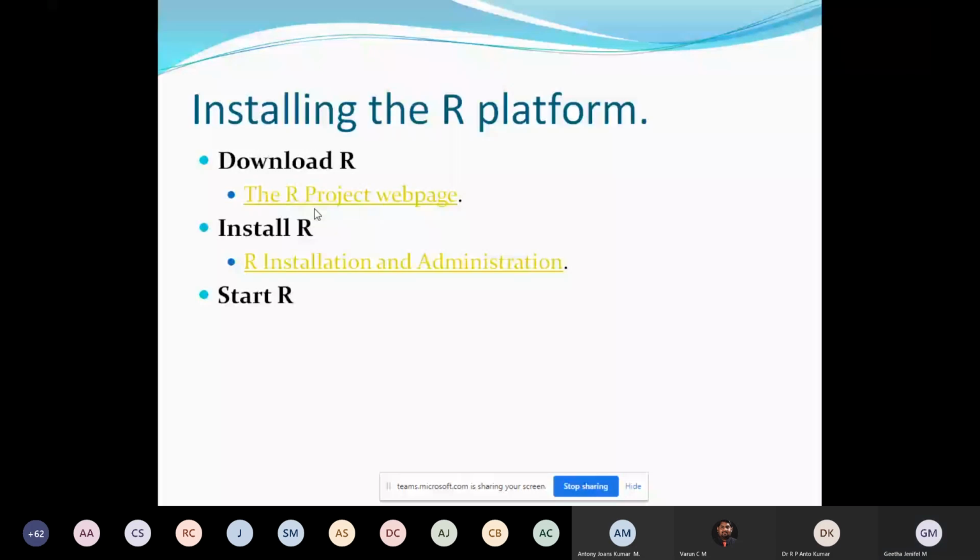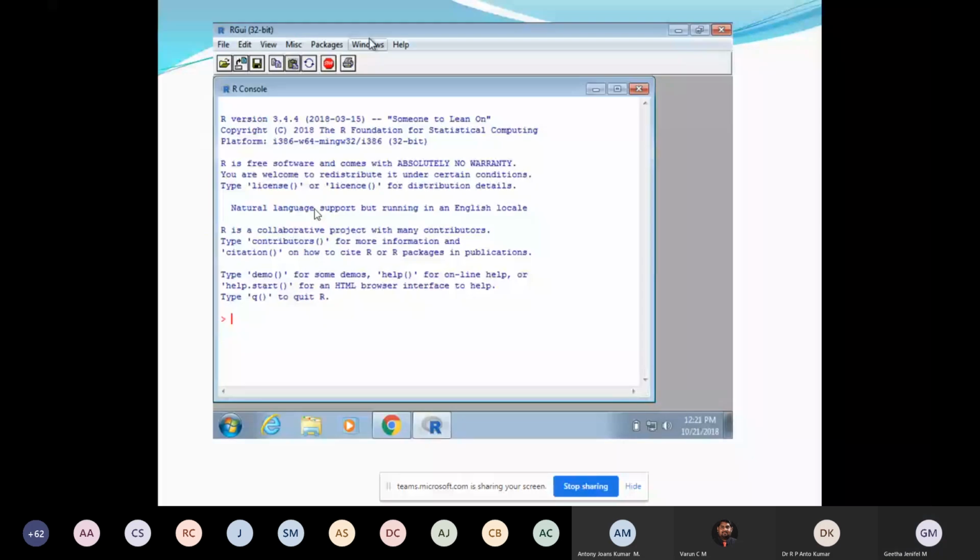If you have any doubt, check the R installation and administration guide. After installing, you have to start R. After starting R, you will get this screen.